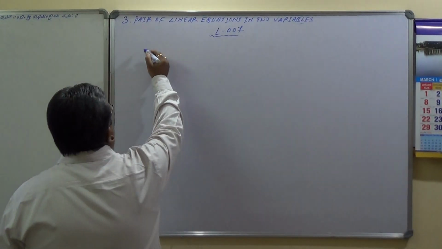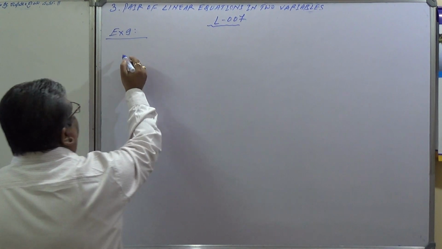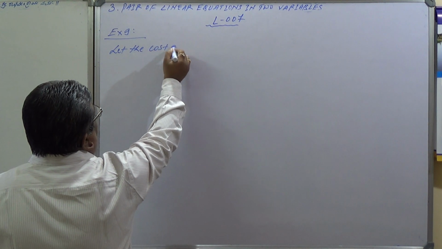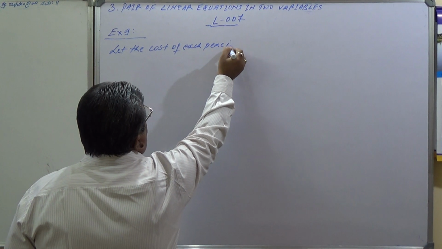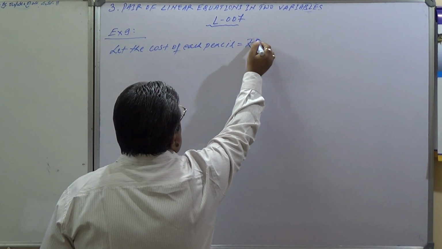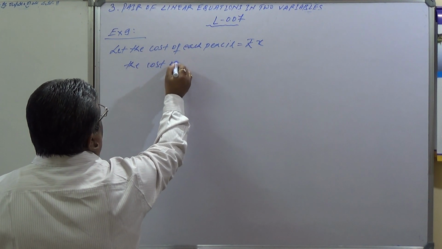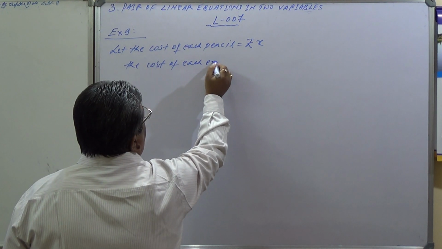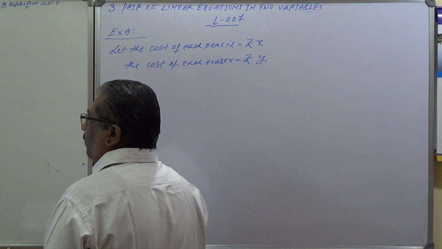Example number 9, here it is. Let the cost of each pencil equal ₹x. The cost of each eraser is ₹y.